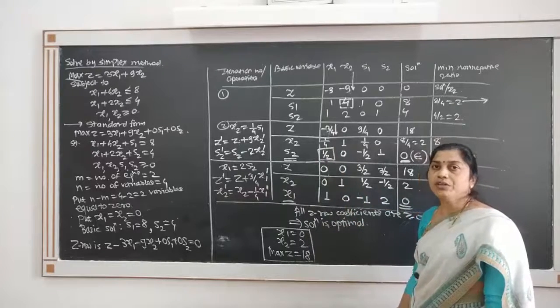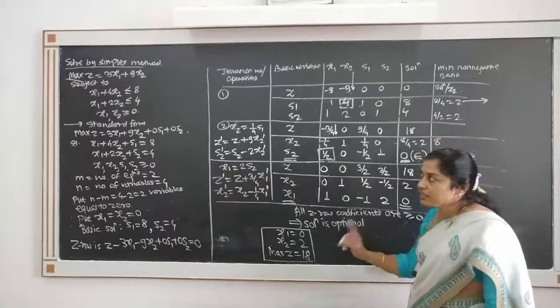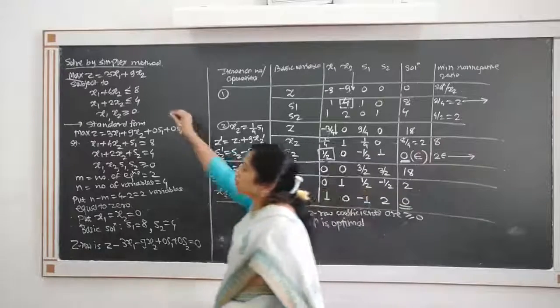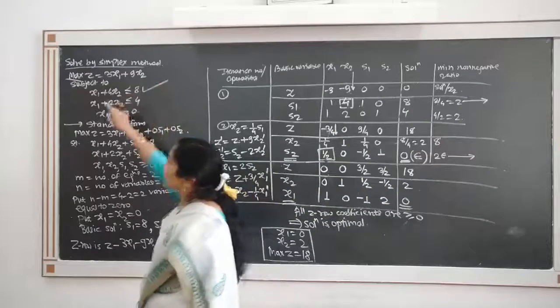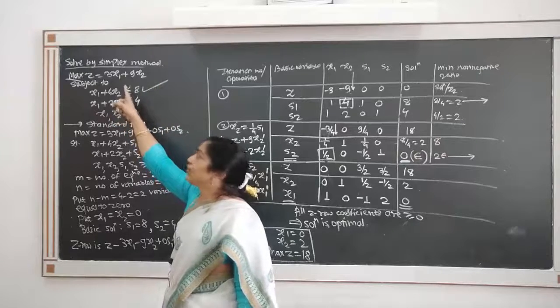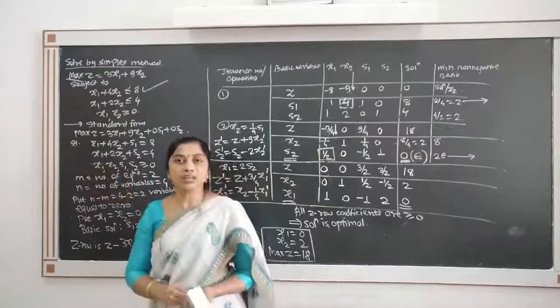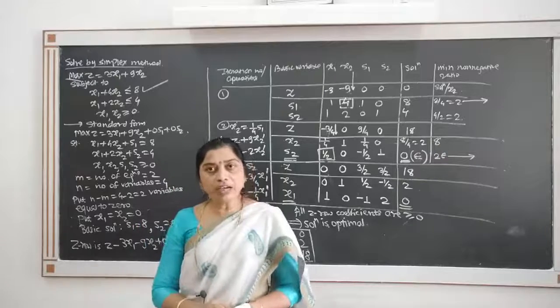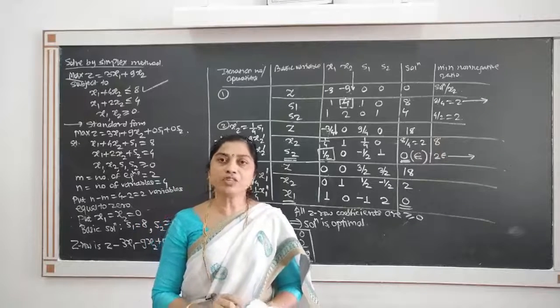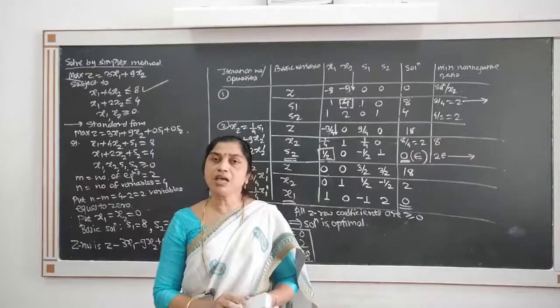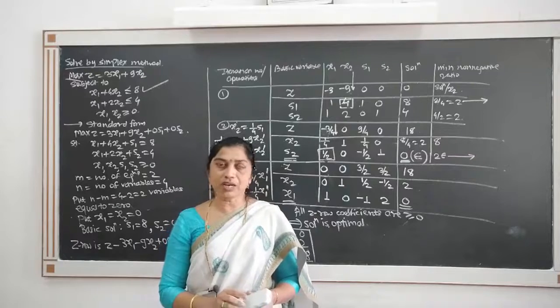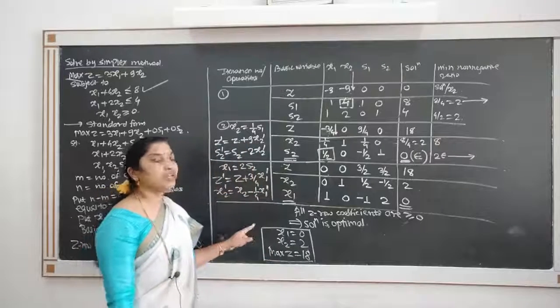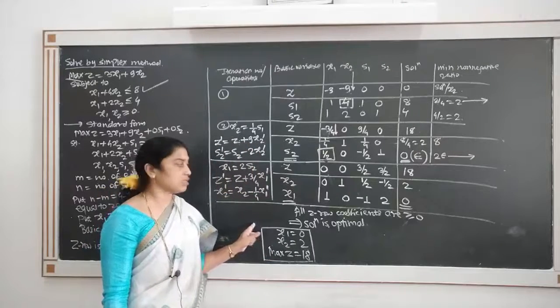solution is degenerate solution, and this degenerate solution occurs because if you draw the graph, you will get the idea that this is redundant constraint, that is, even though you remove that constraint from the graph, the feasible solution space is not changed, and therefore we get degenerate solution in this case.